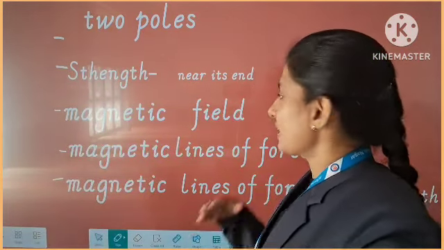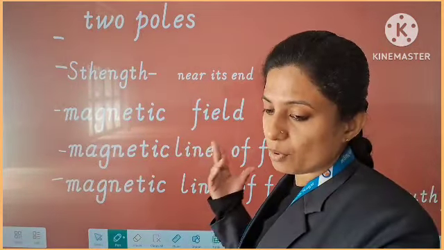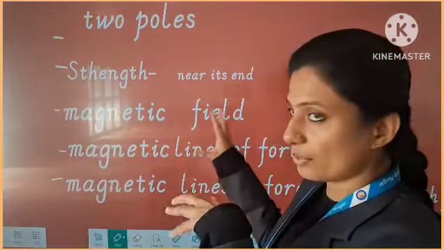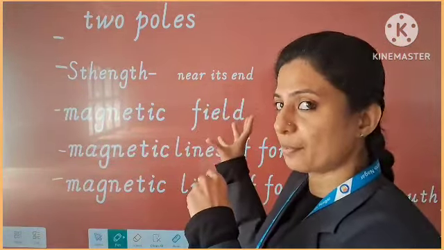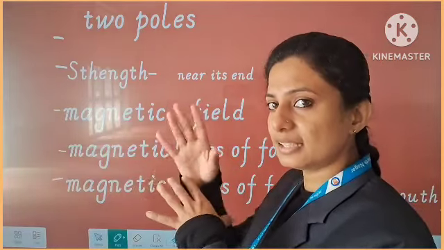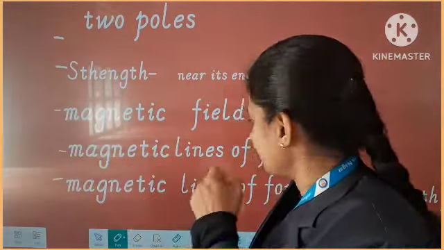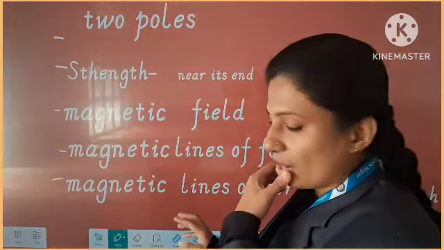More lines of force means more strength. There are more lines at the end points, so it has more strength there, and fewer lines in other places of the magnet, so it has lesser strength. So this is about it.